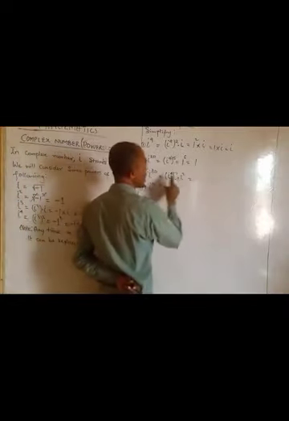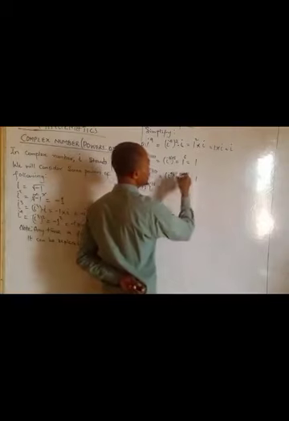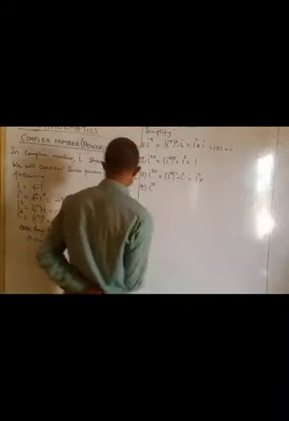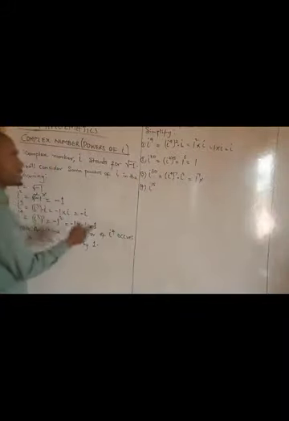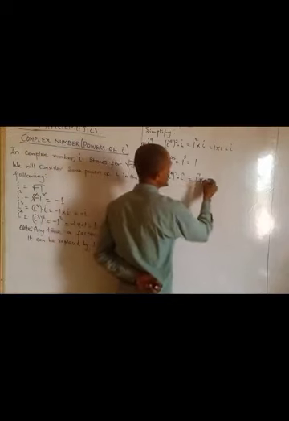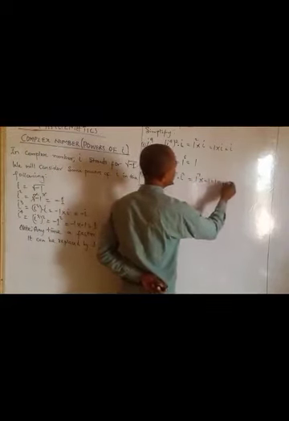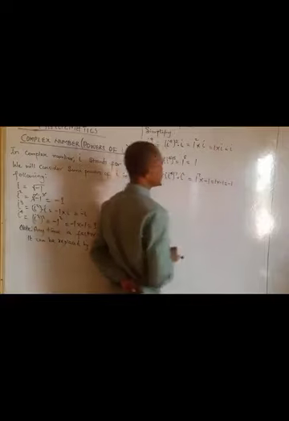So which is equal to i to the power of 4, which is still 1, then to the power of 7, then multiplied by i to the power of 2. What do we call i to the power of 2? That's negative 1. And that will give us 1 times negative 1, which is equal to negative 1.